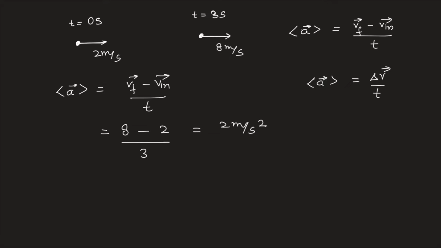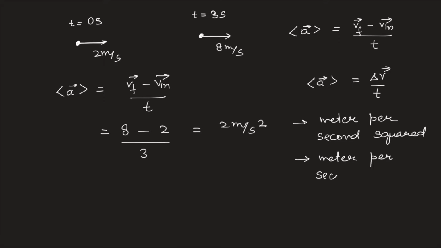So we call it meter per second squared, or we also call it meter per second per second. The second one is more fun to say, per second per second, but you can say it both ways.